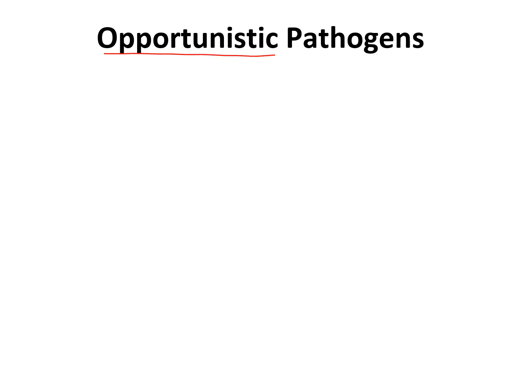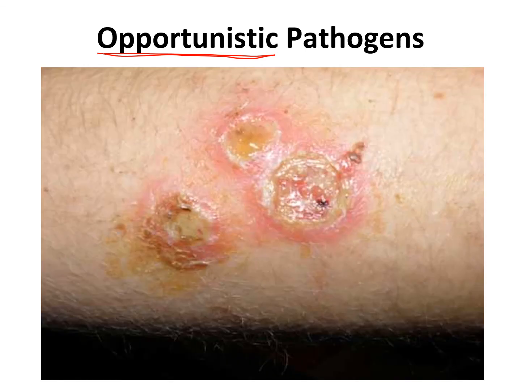An opportunistic pathogen is one that under normal circumstances is harmless or beneficial. But if it gets to a part of your body where it shouldn't be or it overgrows, then it takes that opportunity to take nutrients from your body, to replicate in your body, and in doing so, it will cause disease. An example of this is a staph infection.